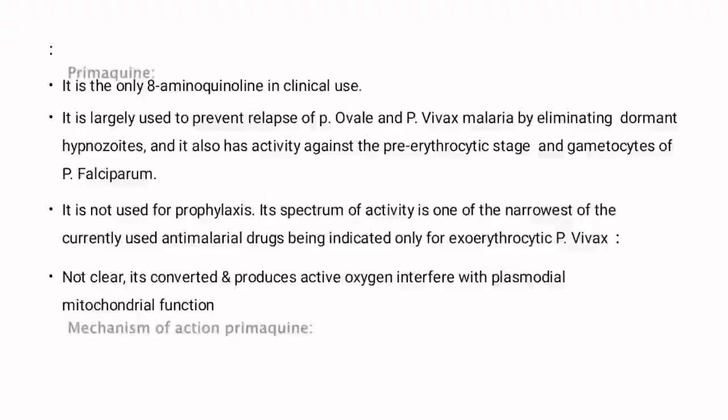It is not used for prophylaxis. Its spectrum of activity is one of the narrowest of the currently used antimalarial drugs, being indicated only for exoerythrocytic Plasmodium vivax. The mechanism of action of primaquine is not so clear. It is converted and produces active oxygen species that interfere with plasmodial mitochondrial function.